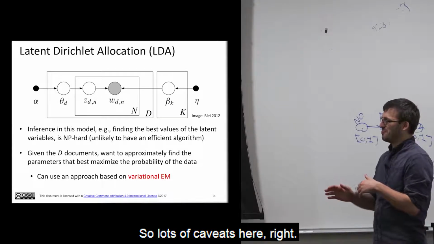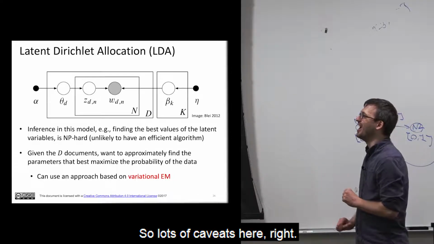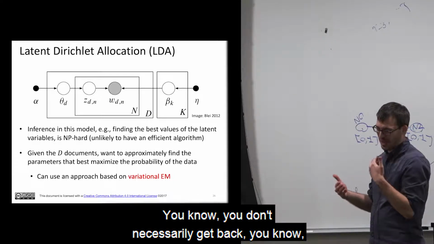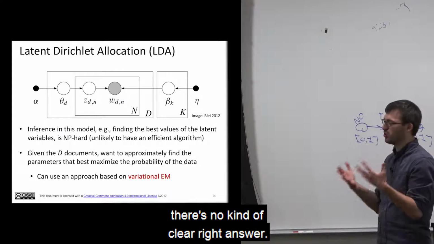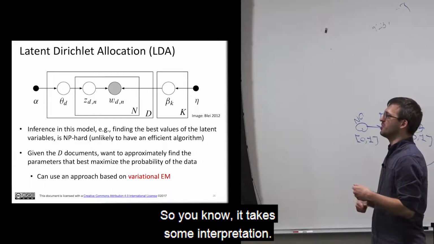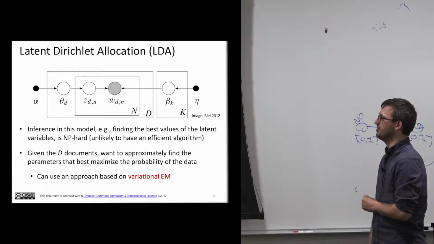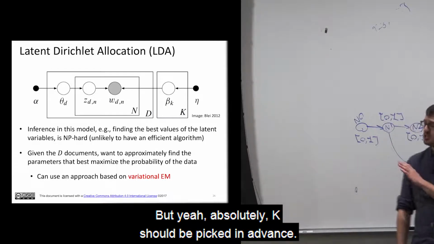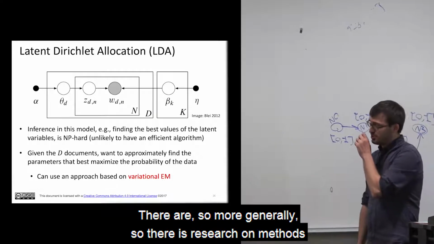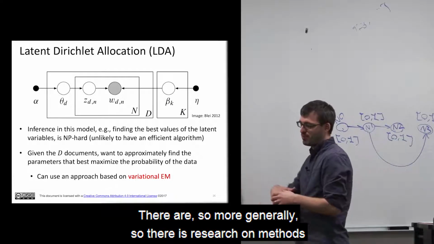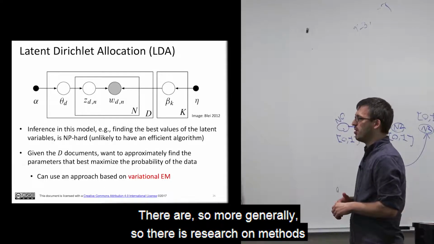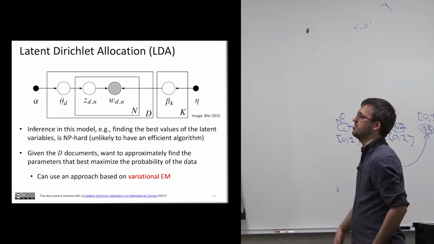So, lots of caveats here. There's no clear right answer, so it takes some interpretation. You probably need to look at the data and use some held out data to evaluate. But yeah, absolutely, K should be picked in advance. More generally, there is research on methods that would be called non-parametric methods.